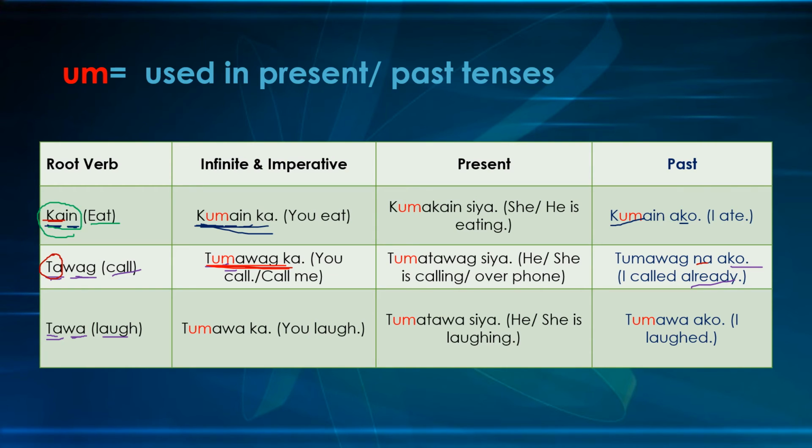And it is the same. Tawa is still present. Tumatawa is still present. It's just that we have an additional syllable, ta. Tawa, tumatawa. And in the past tense, we have tumawa.